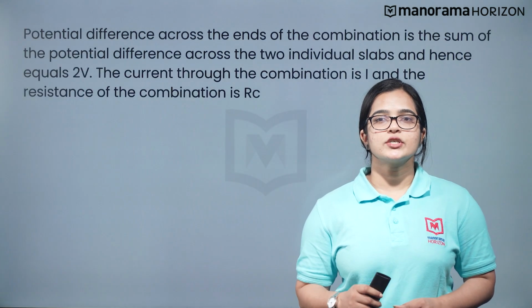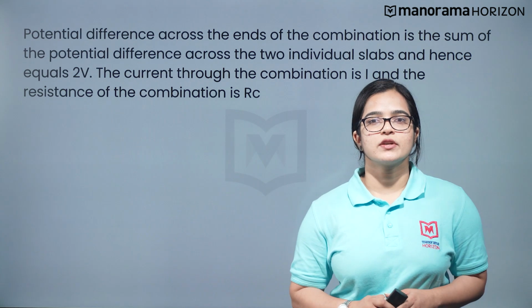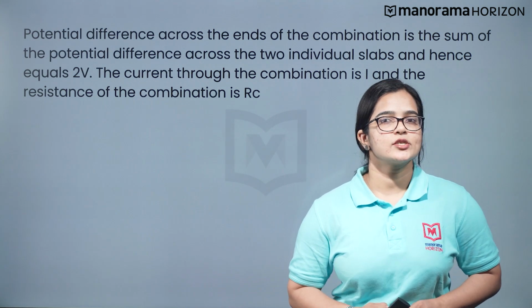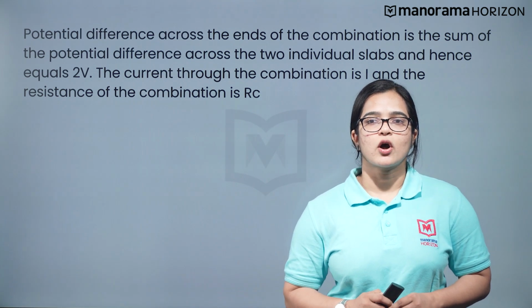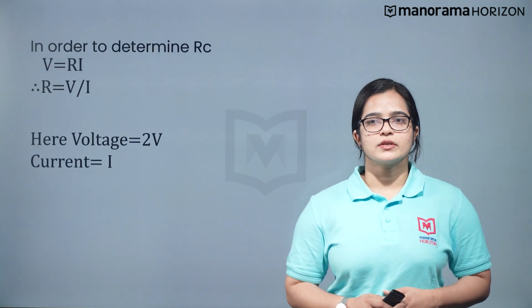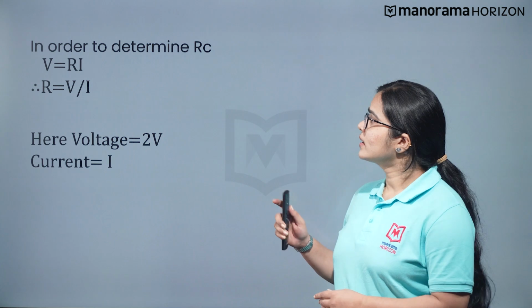As we know, the potential difference across the ends of the combination is clearly the sum of the potential differences across the two individual slabs, and hence it equals 2V. The current through the combination is I and the resistance of the combination is RC. From the above equation, we know that resistance is equal to voltage divided by current.